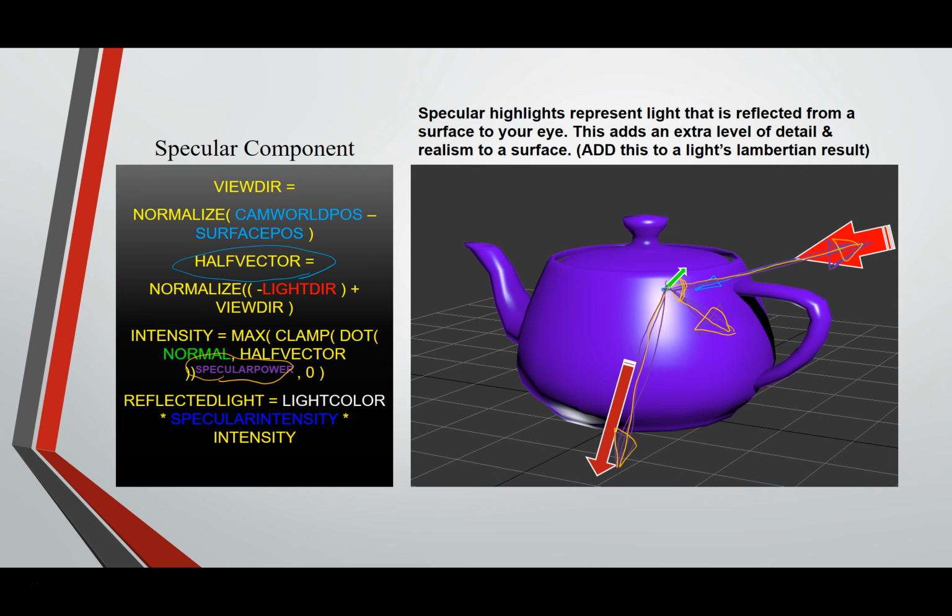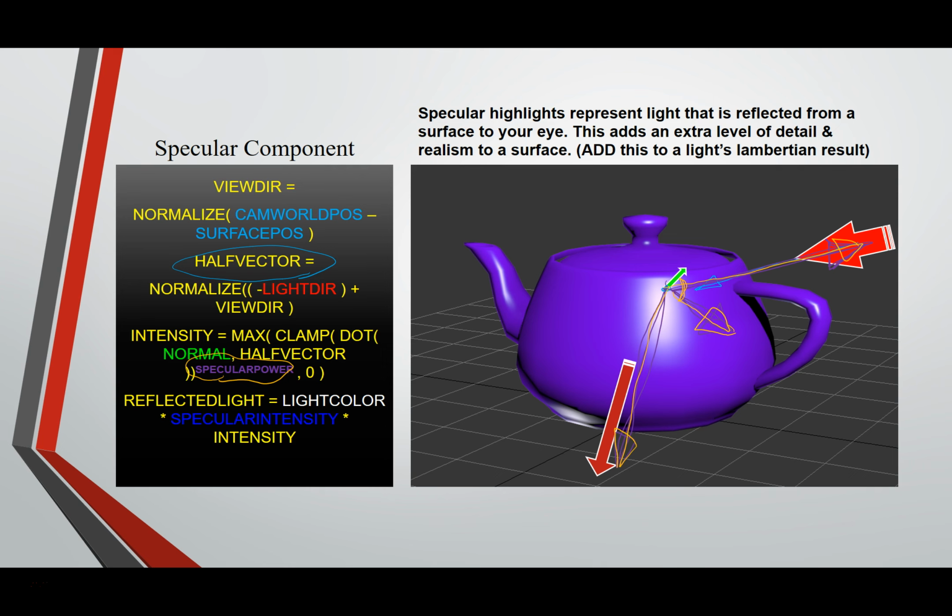By adding a higher specular power, we're actually reducing the area where we're going to see the specular highlight. That's going to sharpen the highlights, not necessarily make them brighter, but limit them to be closer to where those two vectors match up. Based on the microstructure of the surface, whether it's matte or completely smooth, you can play with this value to get it closer to the realistic appearance of what you see.